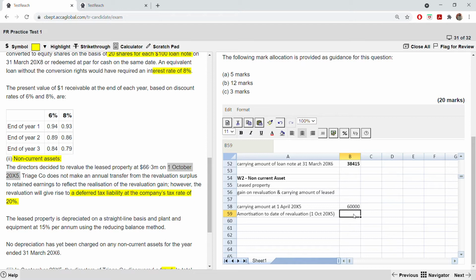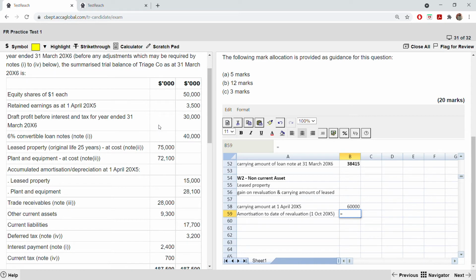So what is the working? Equal to, you can either use a calculator and write it, or you can show the working here in the Excel. Just look at the cost. It's a straight line basis. So on this cost, 75,000, you are dividing by 25, because 25 years.